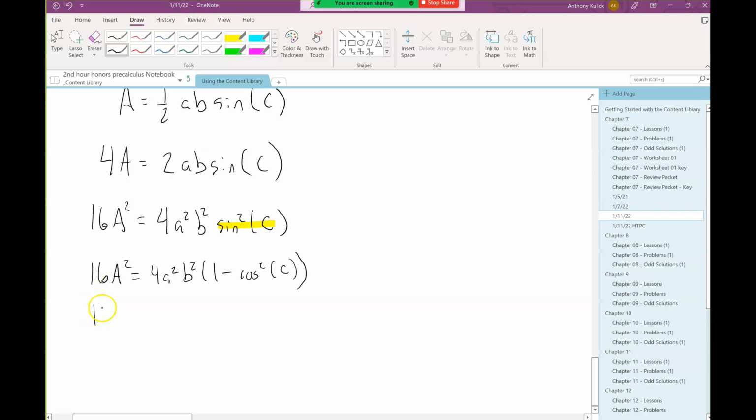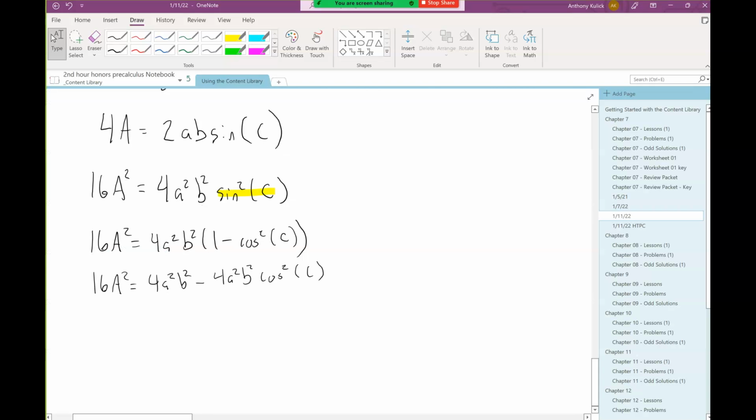So then I'm just going to distribute that 4a squared b squared through that parenthesis. So far, so good.